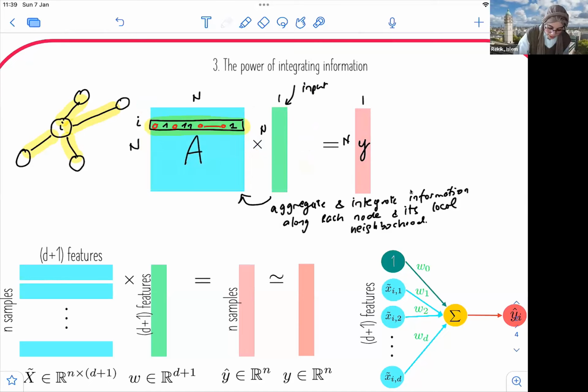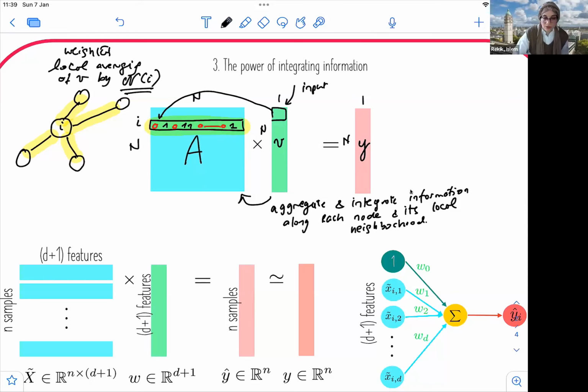The way to think about this is that every time you take an element and multiply it by the edge connectivity weight of this node I, I'm calculating a weighted local averaging of V over N of I, which is the neighborhood of I, which is very powerful. I'm looking at all these values of my vector, and I'm trying to get the output yi.